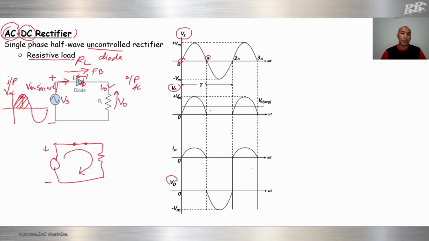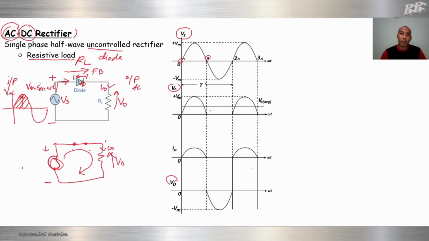This we call I naught. When the current can flow, there will be no drop of voltage here. So V out will be the same as Vs, same as input. All the input voltage will go to the output voltage.